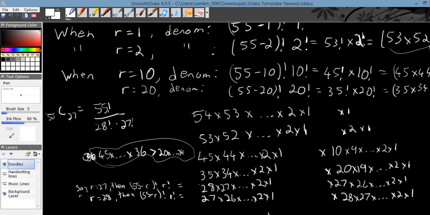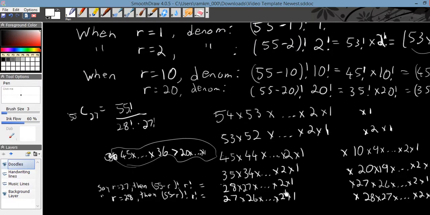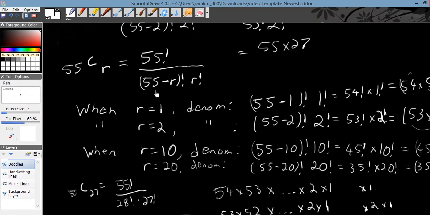So in other words, if we are looking at the denominator of this expression here, if we substitute r with 55 minus r, we're still going to get the same answer.